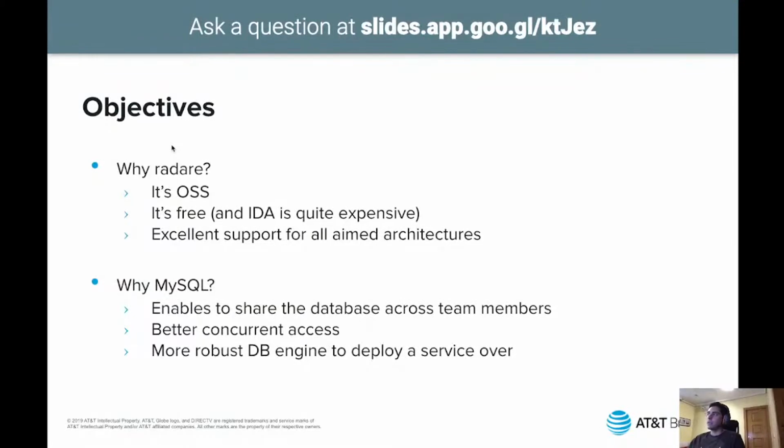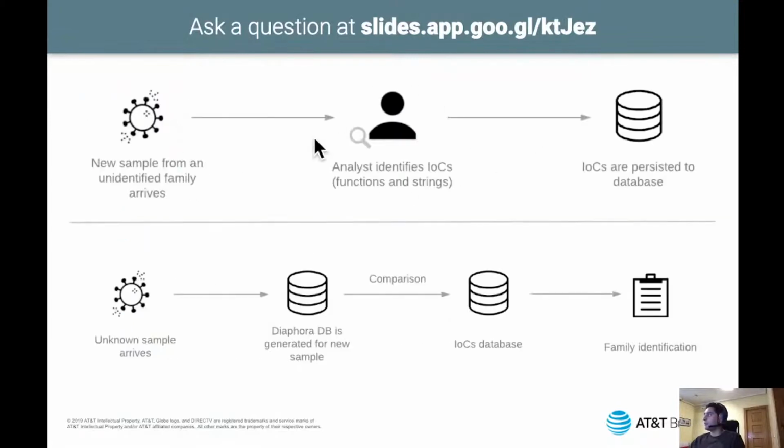Why that migration of database engine is because, as you may recall from this slide, there are multiple analysts that are all writing to an indicator database, and sharing a database over SQLite is difficult because it's not a database engine that's made for sharing.